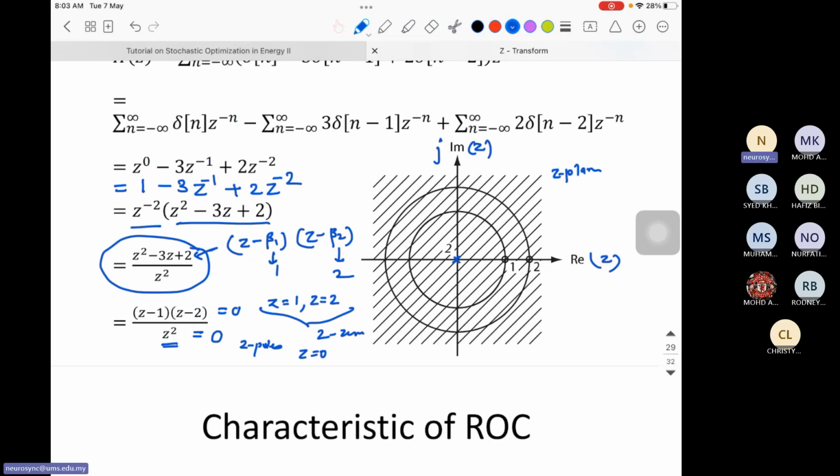It will start from there because the poles are at the origin. Except the origin, the entire z plane is the region of convergence. Therefore, we can say that in the region of convergence, the unit circle will exist and the system is stable. Okay, the system is stable here.